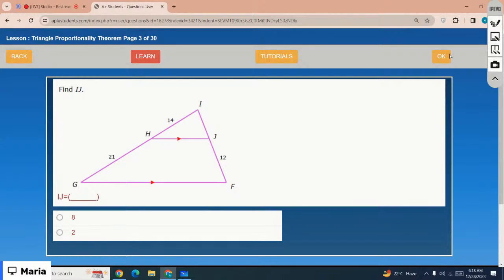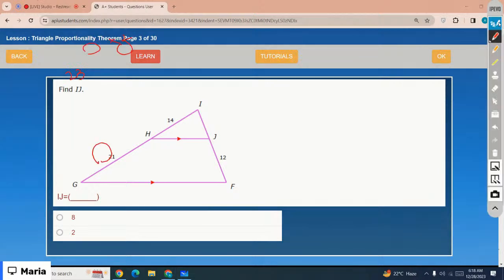Okay, fine. IJ. So how do you calculate? Just find the ratio, right?